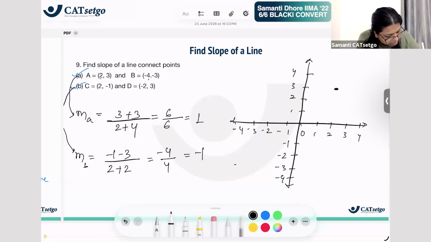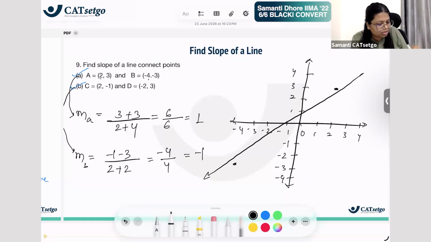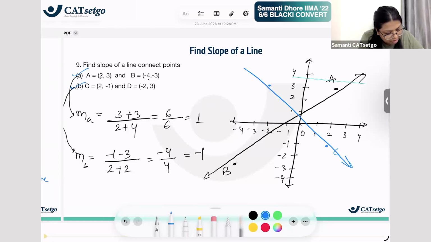Minus 4 is on the x-axis, minus 3 here. So see, do you see this line AB? The slope is positive. We just talked about that. And if we look at point C, 2, minus 1, and point D, which is minus 2, 3 here. See, this is the line. Here the slope is negative, correct? So our answer came out right. So this is how you get the value of slope.